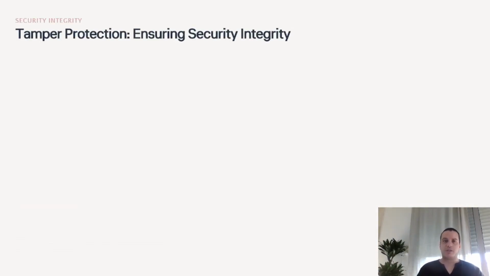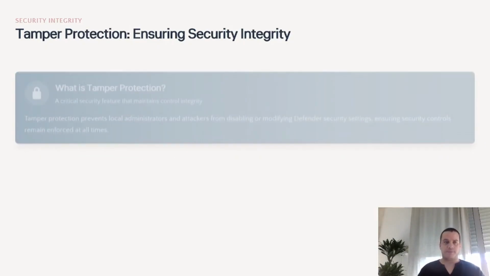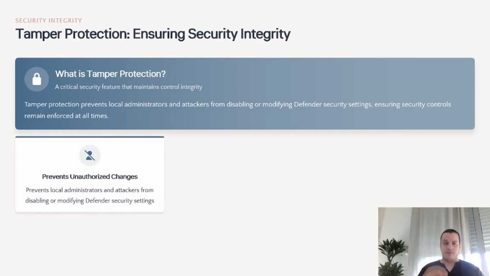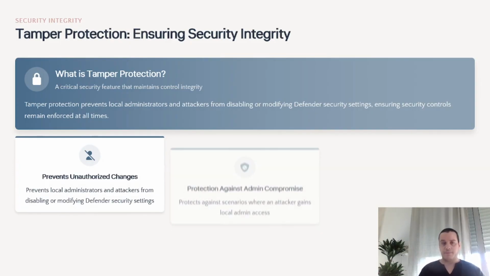Tamper protection, ensuring security integrity. What is tamper protection? A critical security feature that maintains control integrity. Tamper protection prevents local administrators and attackers from disabling or modifying security settings, ensuring security controls remain in force at all times. Prevent unauthorized changes. So, prevent local administrators and attackers from disabling or modifying Defender security settings.